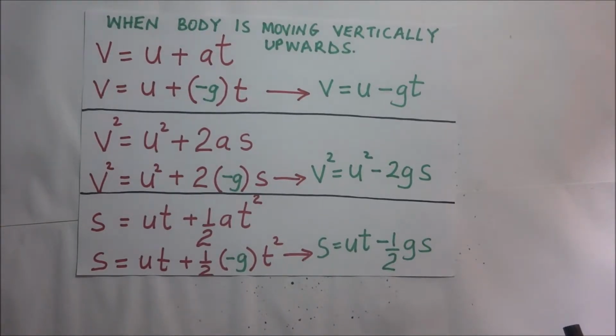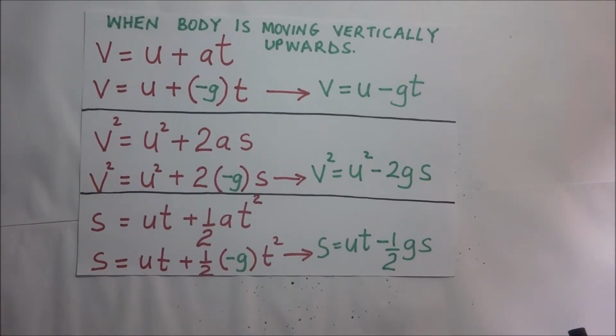What does that mean? It means that as you are throwing it up, the speed keeps reducing. It means that the stone is moving up against the force of gravity. The force of gravity in this case is acting in the opposite direction to the direction of the stone that you're throwing up. That is why as it is moving up, its velocity keeps reducing.